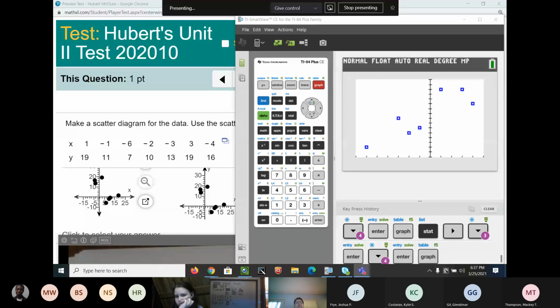Back it off a little bit. It should be on. Hit graph. Back it off. That middle point.